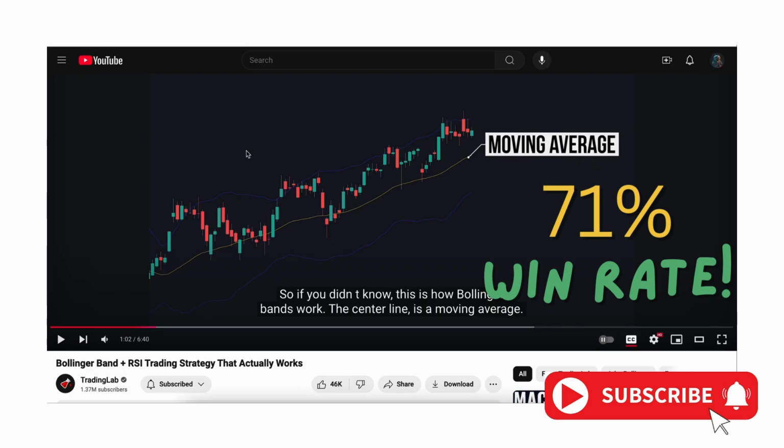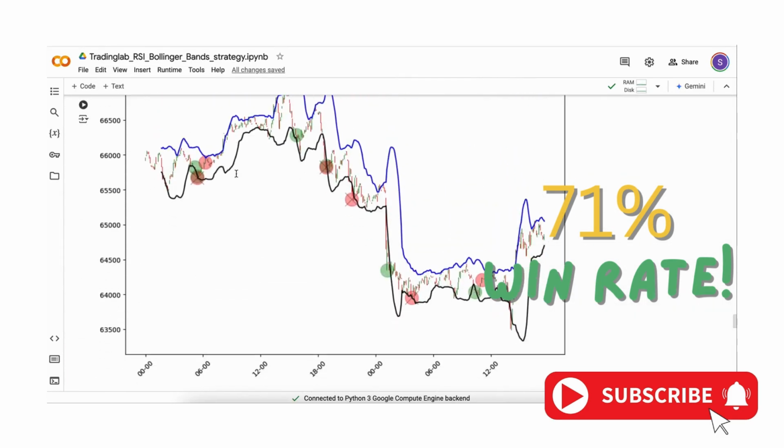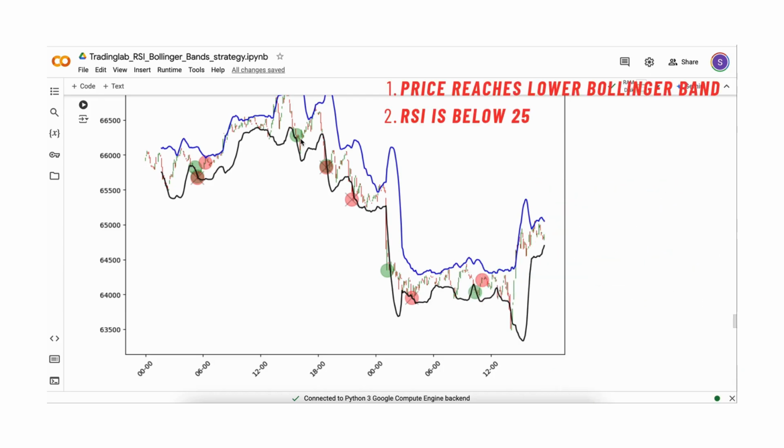So what does this strategy do? If you follow this video from TradingLab, it suggests that you take a long trade when two conditions are satisfied: when you reach the lower Bollinger Band, like here, and the RSI value is below 25.